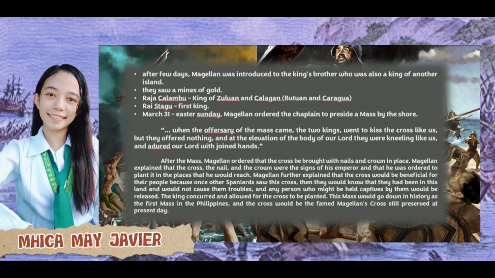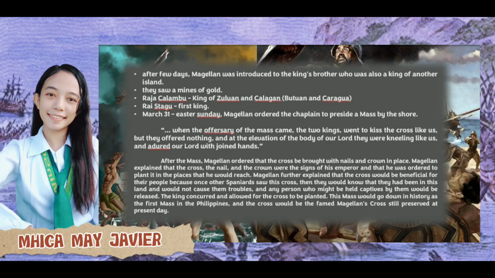According to him, this king is the most handsome of the men that he saw in the place. Namangha din daw si Pigafetta sa silk and gold na ginawang accessories and golden dagger na dala-dala ng hari kasama ang wooden polished seat.